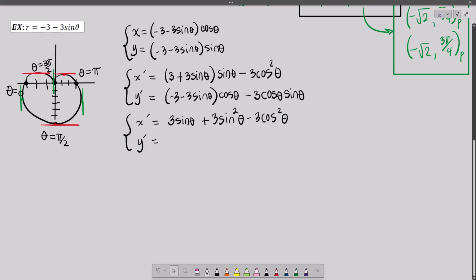And down below, I think we get some cancellation, or at least some combining. We're going to get minus 3 cosine theta, and then minus 3 sine theta cosine theta, but then minus 3 sine theta cosine theta again, so this is going to be minus 6.